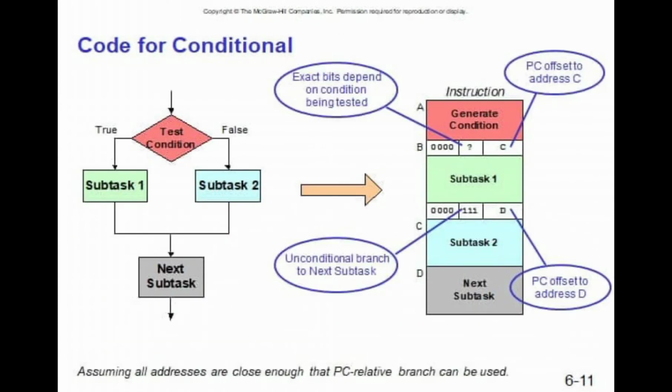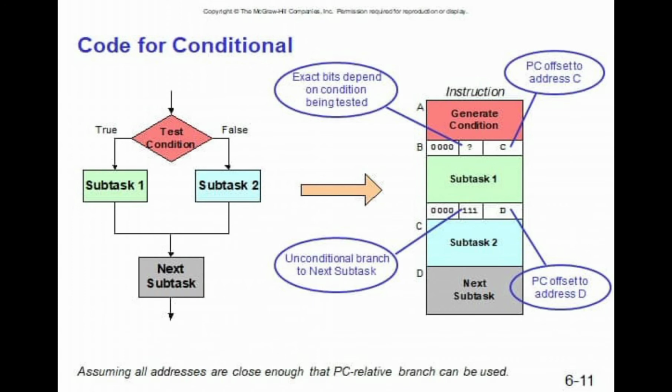Code for conditional. First, test condition. If it's true, do subtask 1, and if it's false, do subtask 2 and go to the next subtask. Instruction: first we generate the condition.